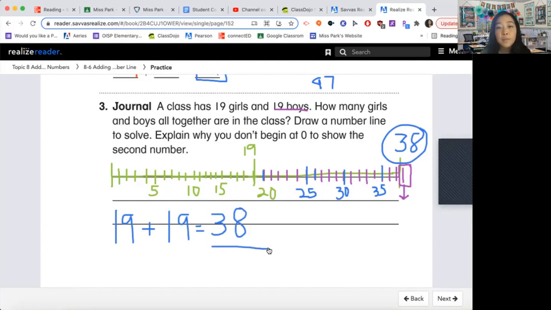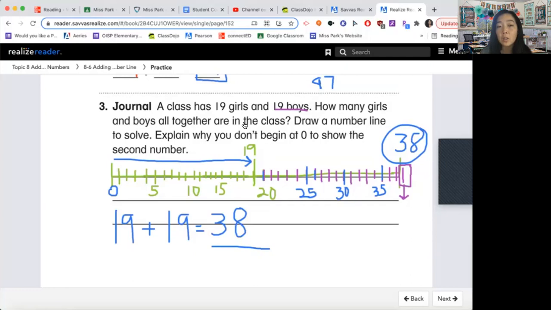Okay, so we drew the number line to solve. Explain why you don't begin at 0 to show the second number. Instead of writing it in words, let's show it in pictures. We start here at 0 and we go all the way to 19. When we count the next 19, we don't start at 0 again because we're already accounting for the 19 girls.